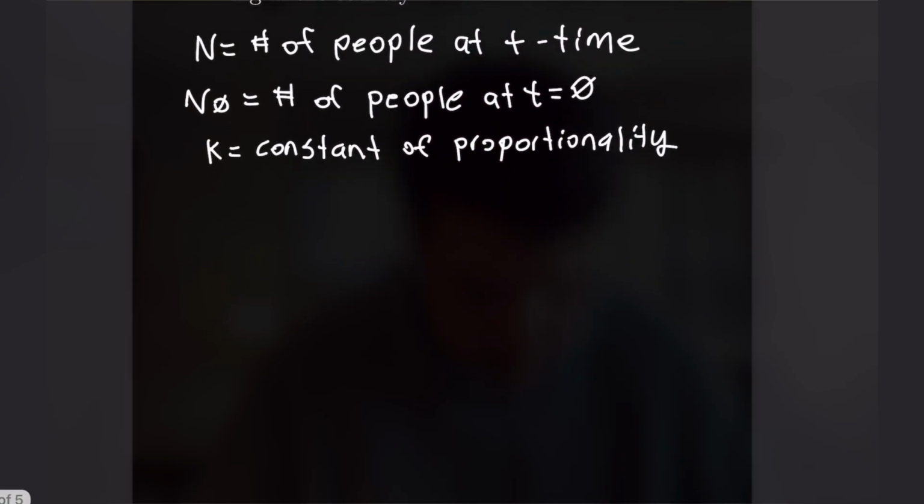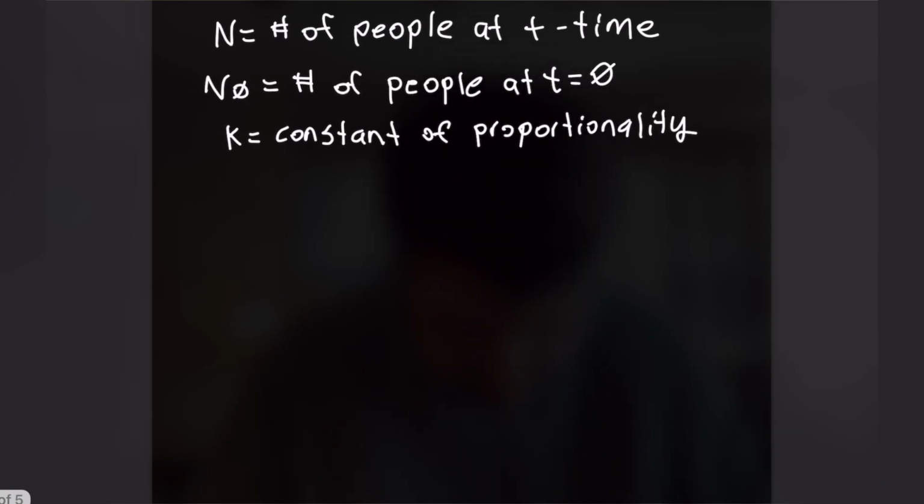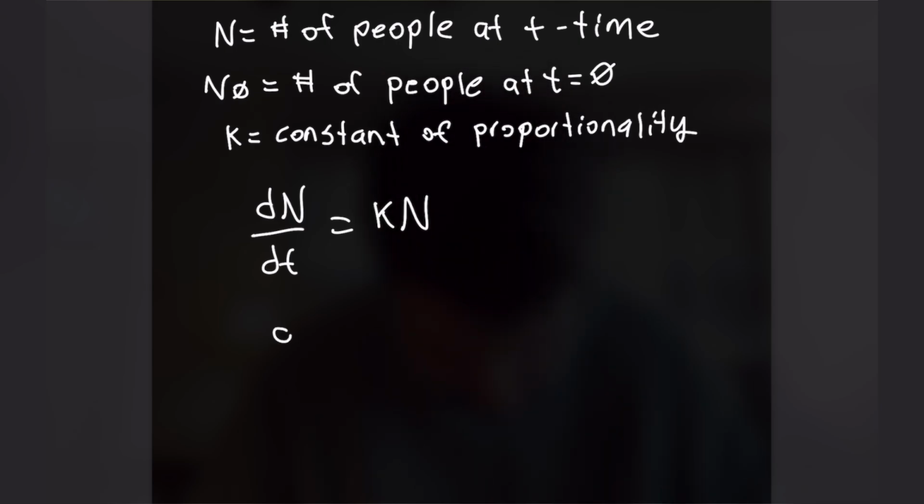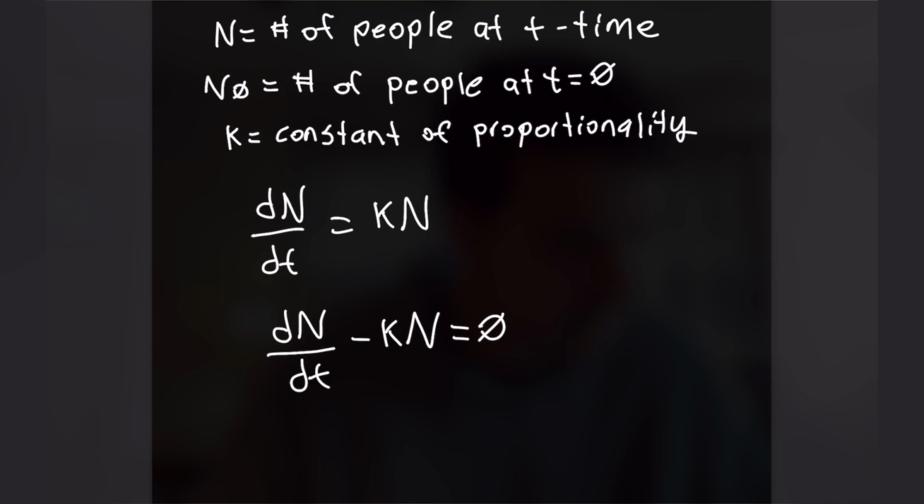And so by the problem statement, we know that dn over dt is equal to k times n. But we can subtract that kn over to set up a differential equation that we can solve. So we have dn over dt minus kn equals 0.